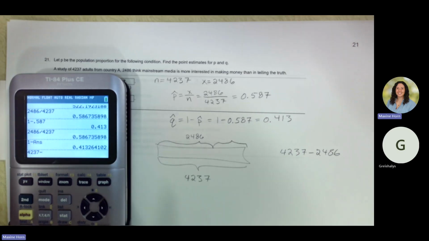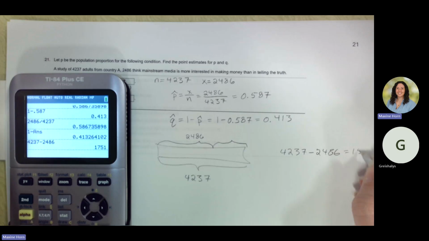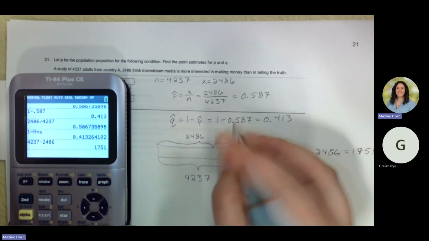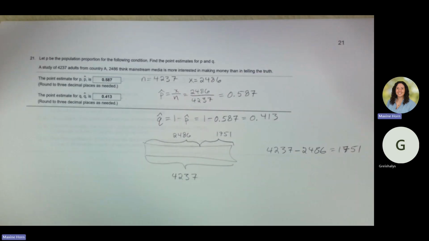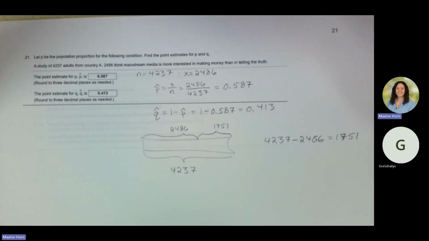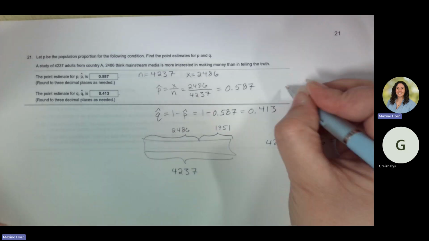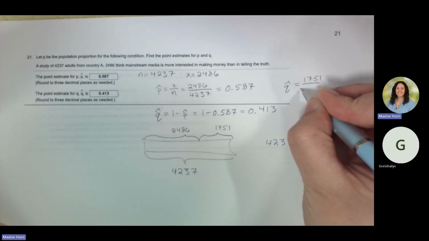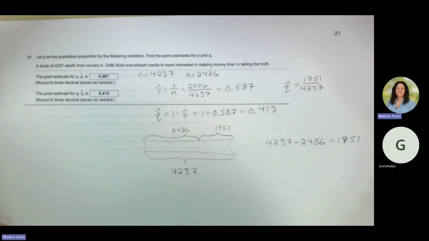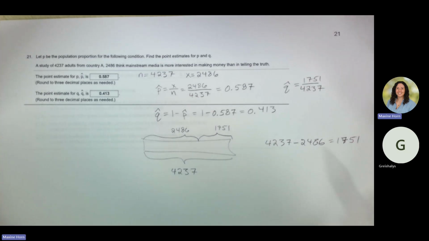So, 1751. So there's 1751 people who don't think that, right? So if they wanted it as a fraction, you would have that your Q hat is 1751 out of 4237. They're not asking for that, but if they were asking for it in that format, that's what we would do.